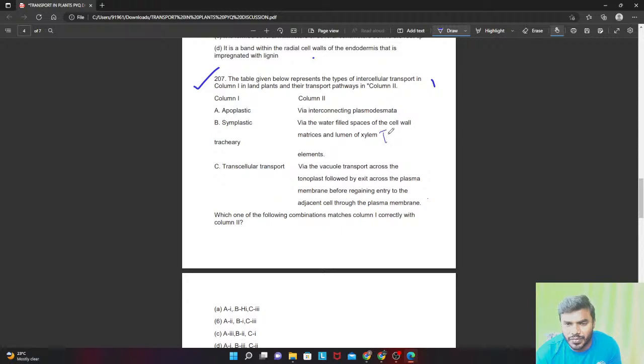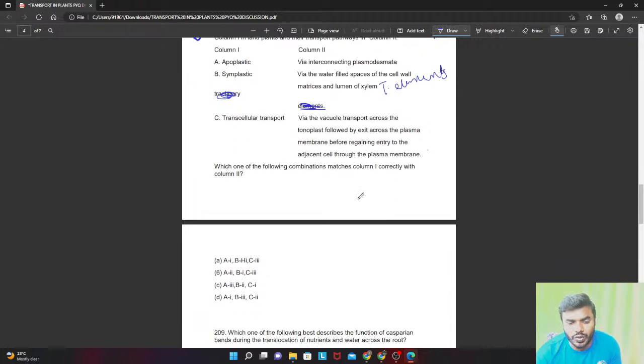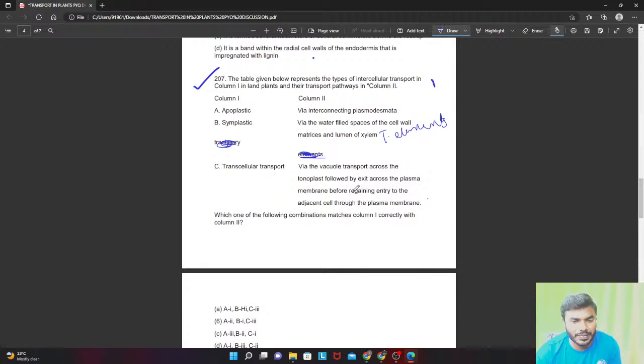The xylem tracheary elements. So fast, Archana, I told you, don't do fast. This is what students have to control. Don't be excited.